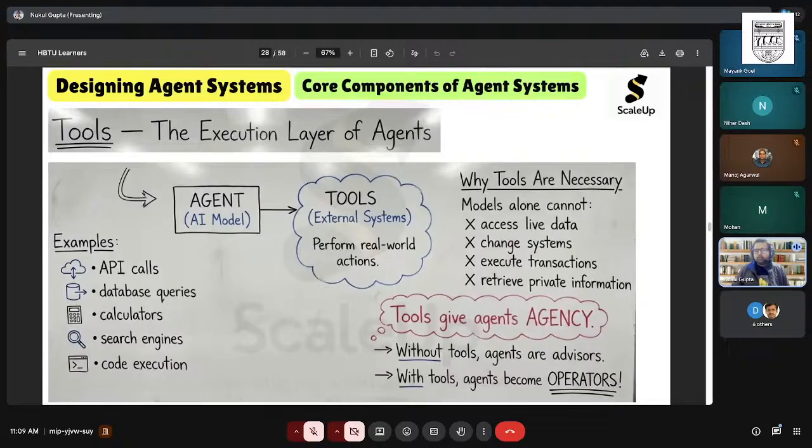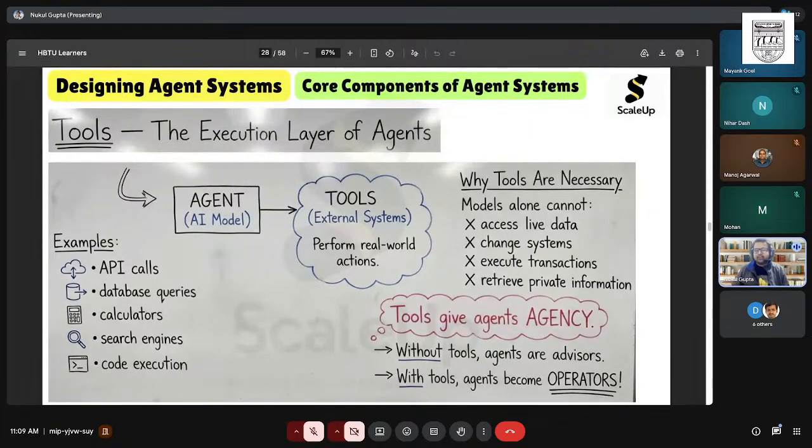That's why tools play a very important role in designing agent systems. Tools give agents agency. The model, the LLM, gives the intelligence and tools give the agency. Without tools, agents are just advisors. They will just advise.